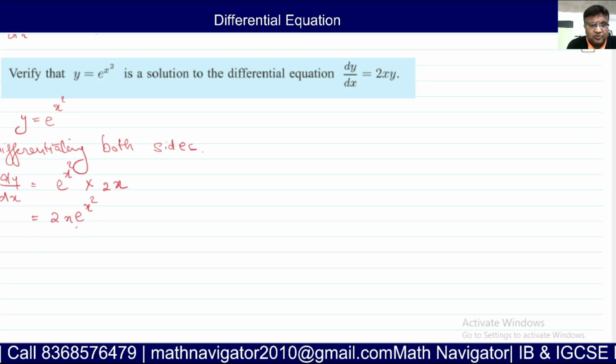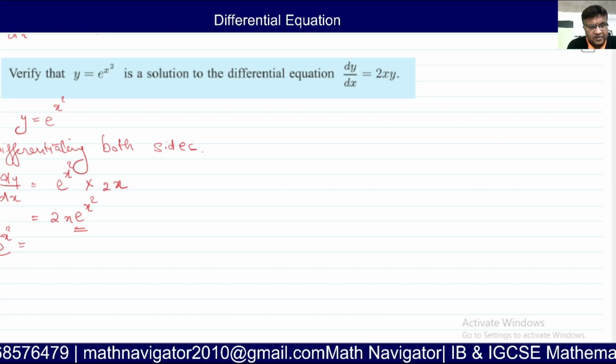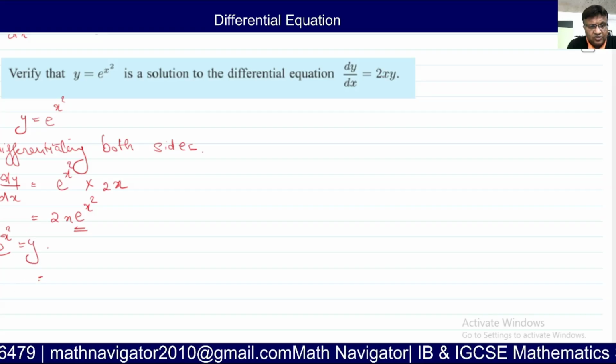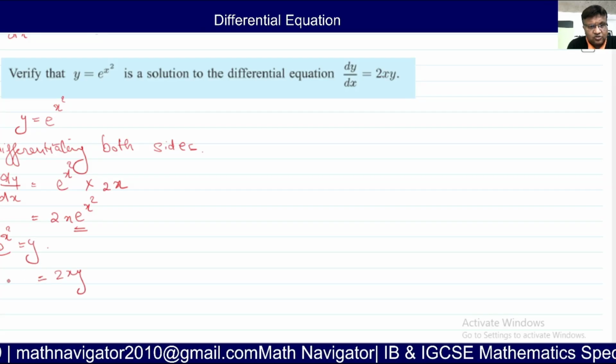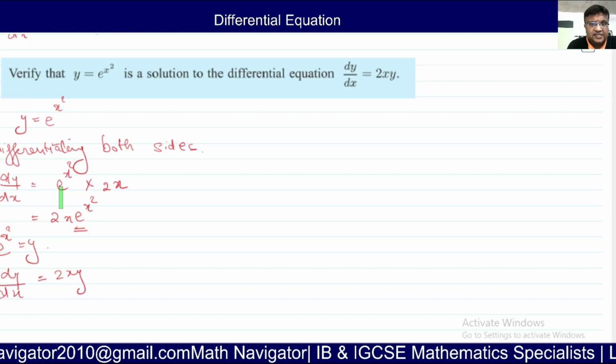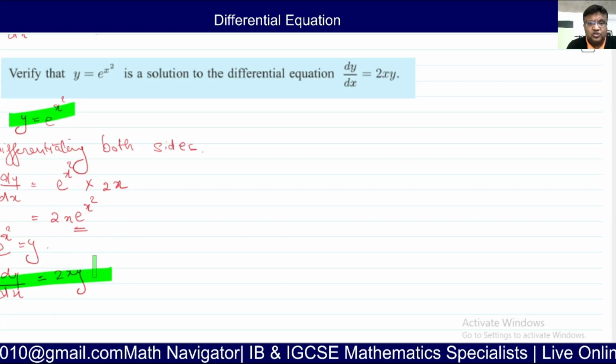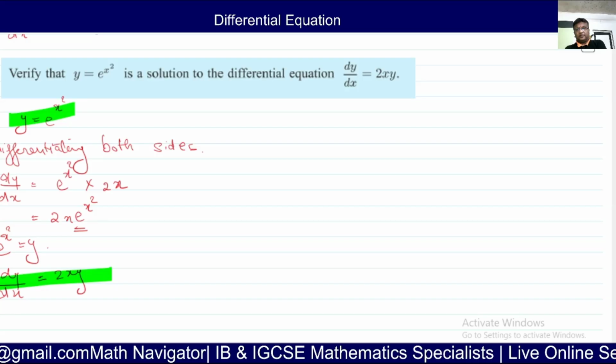But e raised to the power x squared is equal to y. Substituting the value, this becomes 2xy. So dy by dx is equal to 2xy. Hence, we can say that this equation is a solution of this differential equation.